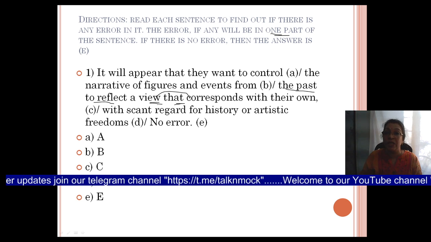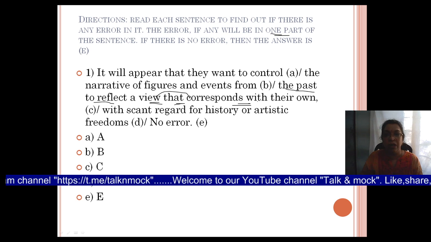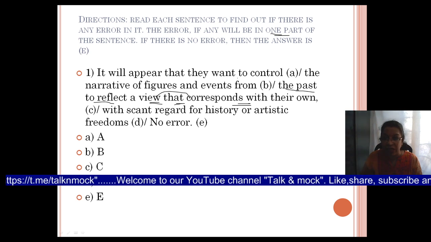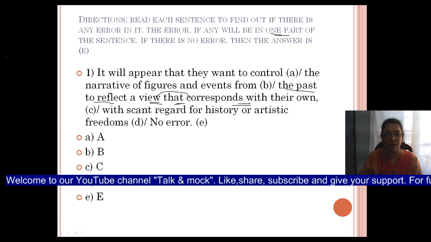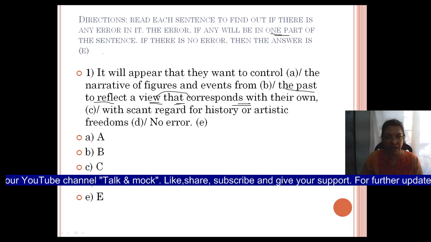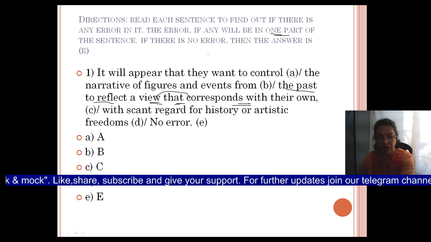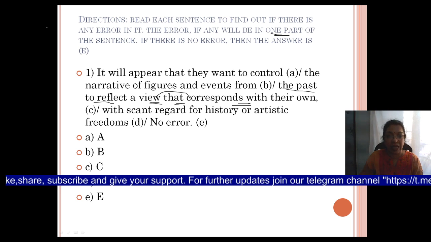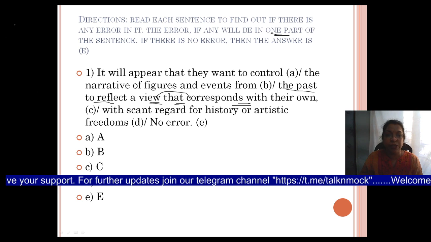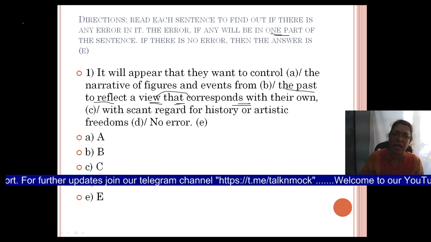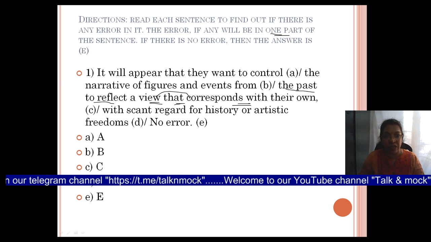View is singular, corresponds is a singular verb. With their own, because there is they want to control. With scant regard for history or artistic freedoms. Scant regard means very little regard for history or artistic freedoms.